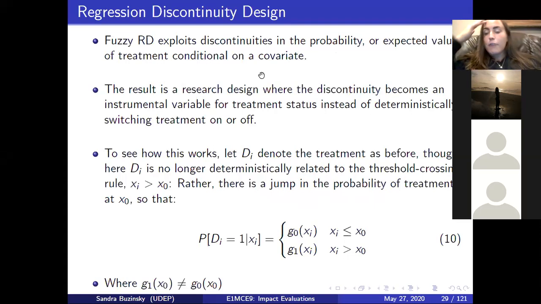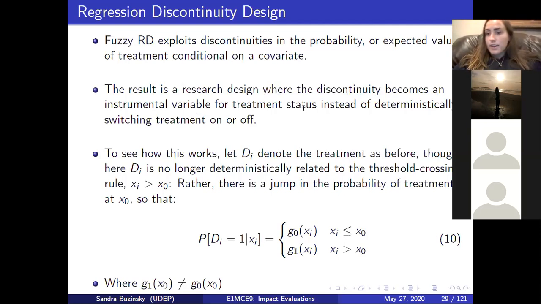So now we see that, for example, the probability that your treatment equals 1 if you're below the cutoff isn't going to be exactly equal to 1 as in the sharp RD case. It's going to be higher than on the other side, but it's not going to be perfectly 1 and 0. So there's going to be some sort of increase in probability from the control to the treatment side.